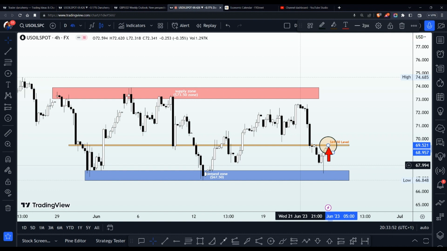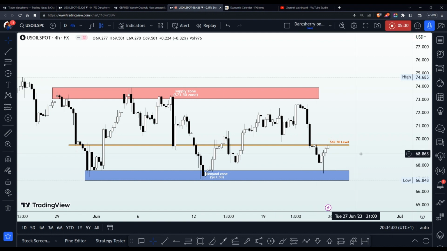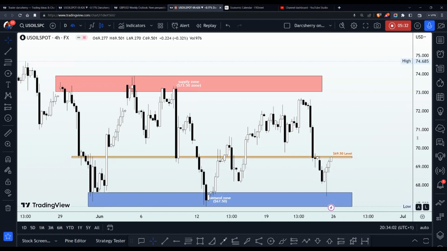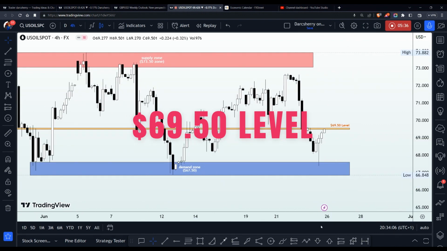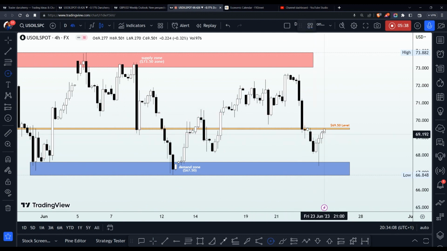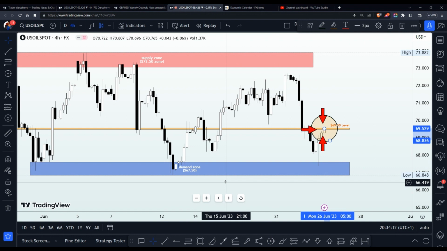And at this point, you would agree with me that we are at a critical point in the market. So, going into the new week, my center of focus is simply going to be around the $69.50 level, where I shall be waiting to see how participants in the market will be reacting to this level to determine what my next line of action will be.